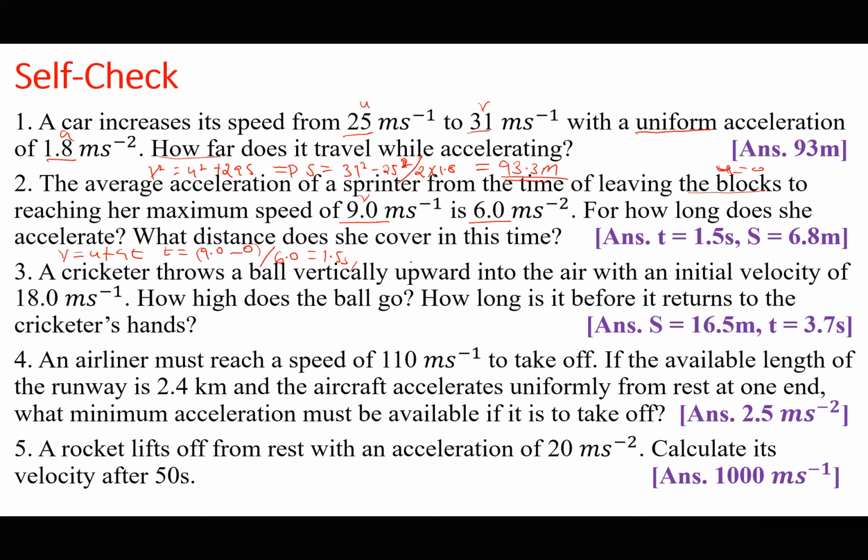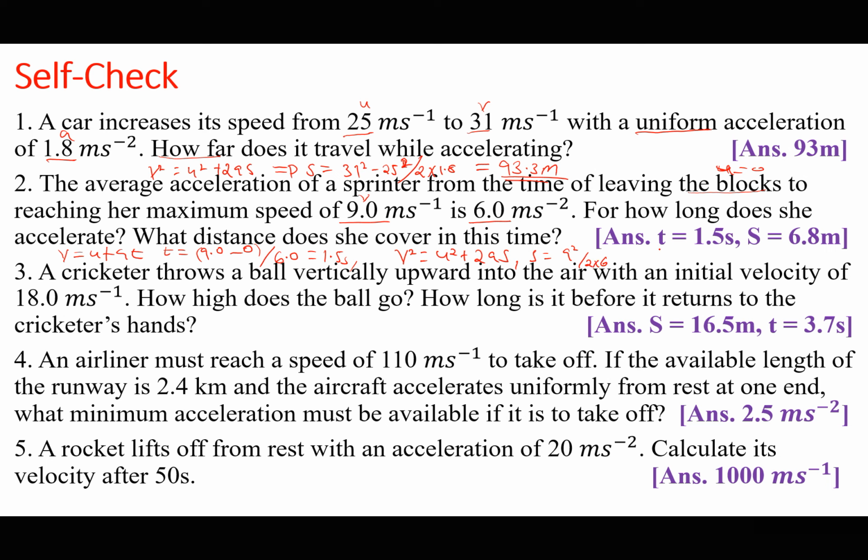Then what distance does she cover in this time? Because the acceleration is uniform, I can use v squared equals u squared plus 2as. Final velocity is 9, initial velocity is 0. So s is going to be 9 squared minus 0 divided by 2 times 6.